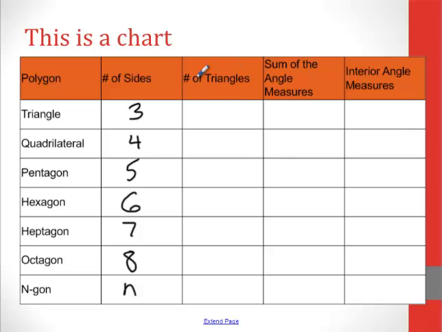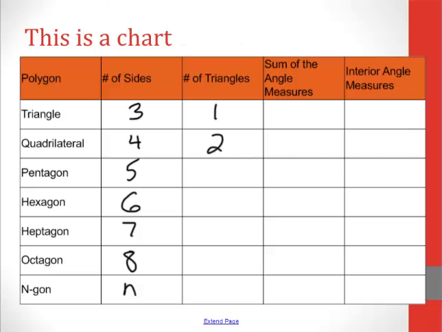And when we talk about number of triangles, what we want to do is connect a shape into just triangles alone. So a triangle obviously only has one triangle. If you take a quadrilateral and you draw any quadrilateral, I can split it into 2 triangles. Okay, that's where we're going with that. Let me go ahead and erase that.